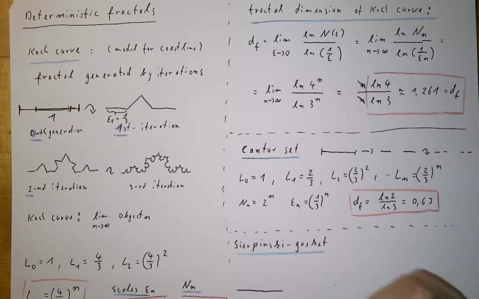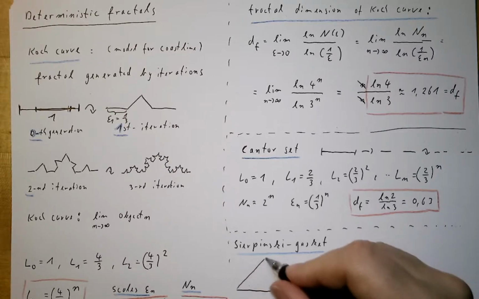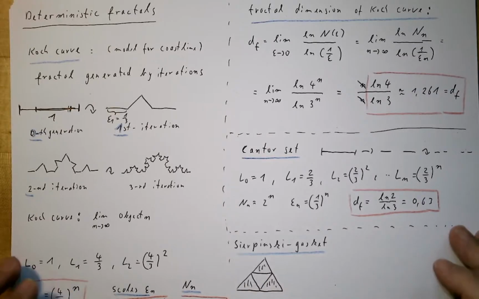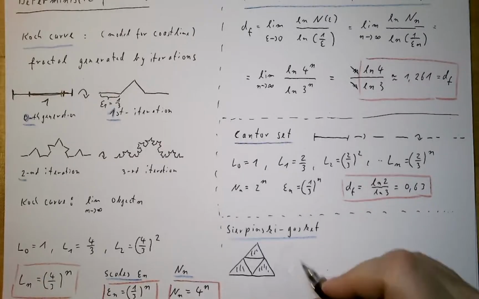So we have here always fractals which are based on dividing something into 3. And in this case, now we start with a 2-dimensional object, this triangle. And now we do this: I divide this object so that only 3 smaller triangles remain. So that's already the first iteration.